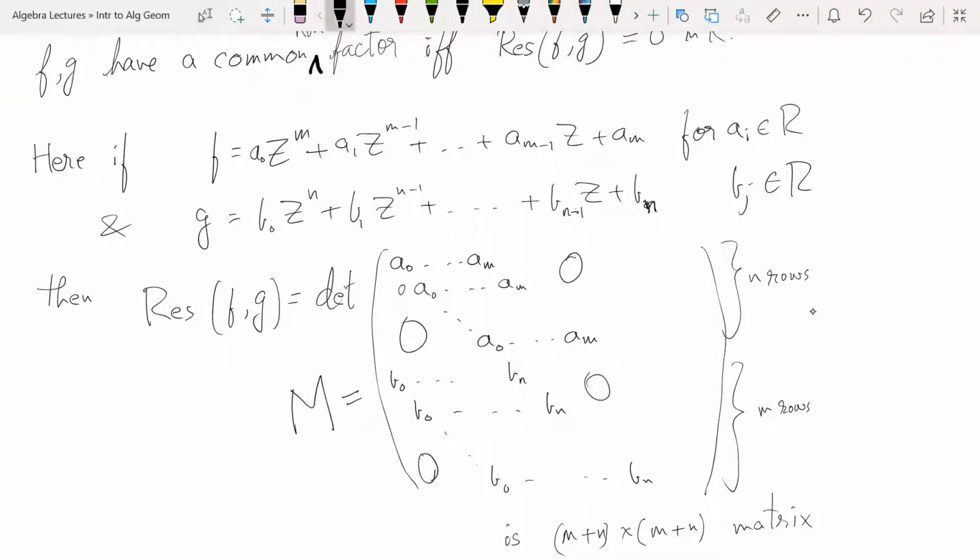So the n rows of these a_0's, and the m rows of these b_0's drifting one by one.